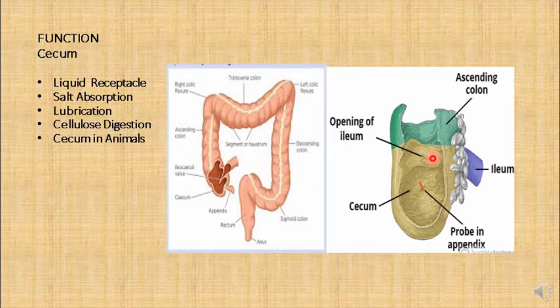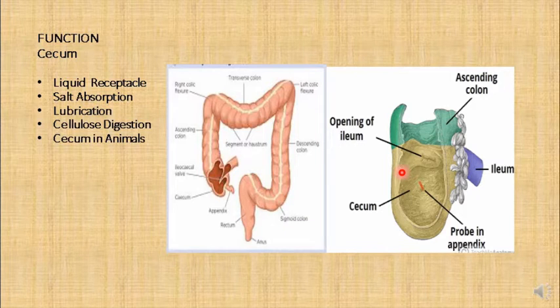When they are churned, it extracts more salts and electrolytes such as sodium and potassium. And these salts are then absorbed by the mucous membrane. You can see there is a line, it is a mucous membrane.